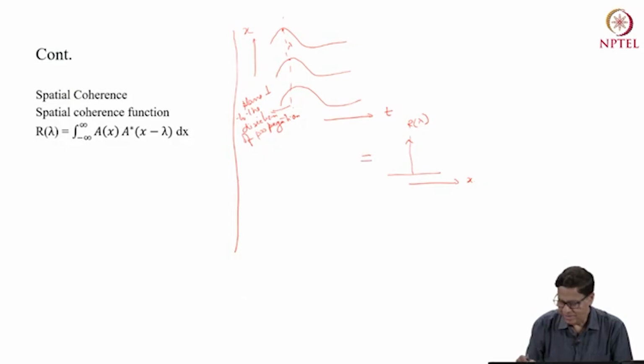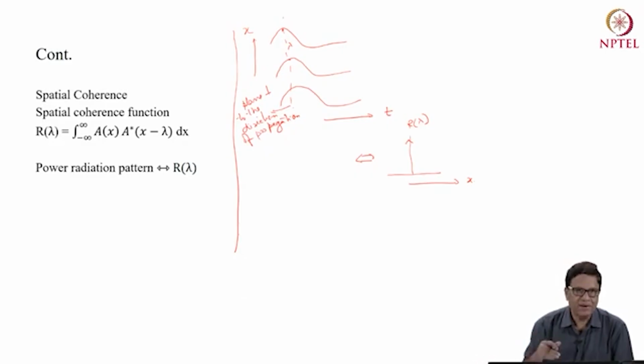And we know that the Fourier transform of the spatial coherence function is how the power is radiated or spread, or what is the pattern of power in the spatial domain, which we can call the power radiation pattern.